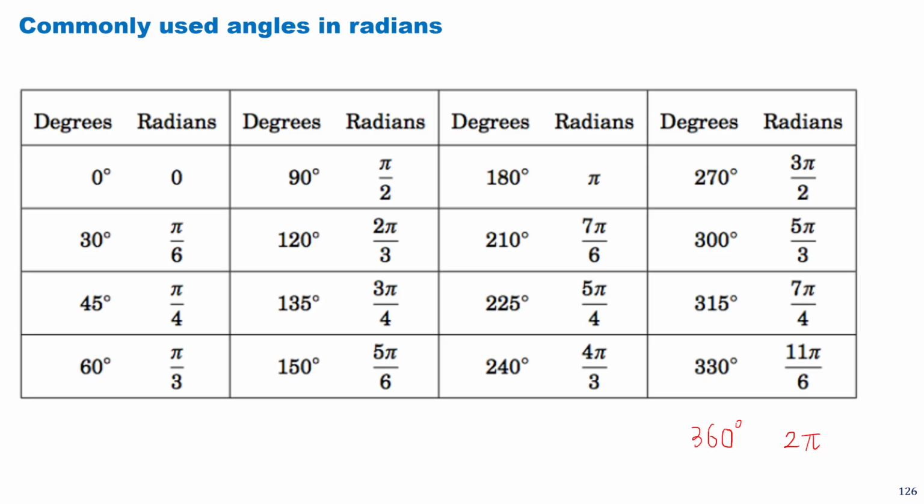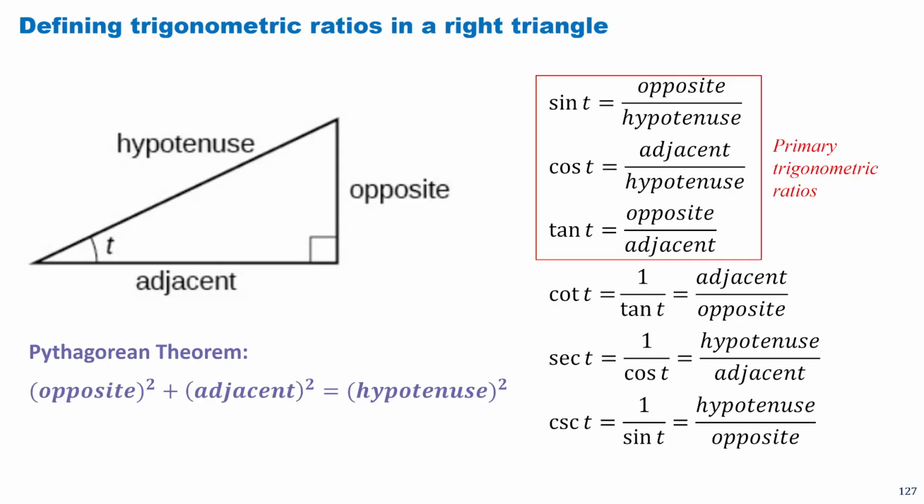And then let's have a look at the definition of trigonometric ratios in a right triangle. If you have a right triangle, and suppose we have acute angle t here, then sine t is defined as the opposite side over the hypotenuse side. Cosine t is adjacent over hypotenuse. Tangent t is defined as opposite over adjacent, right?